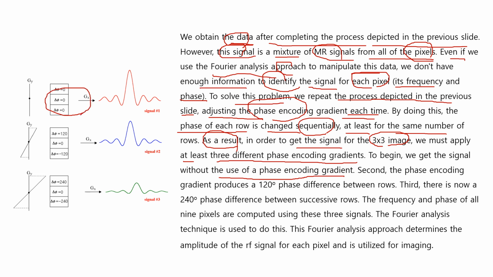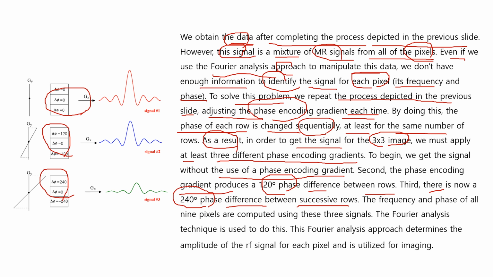Okay. To begin, we get the signal without use of a phase encoding gradient. This way. Second, the phase encoding gradient produces a 120 degree phase difference between rows, in this case. And third, there's now a 240 degree phase difference between successive rows.